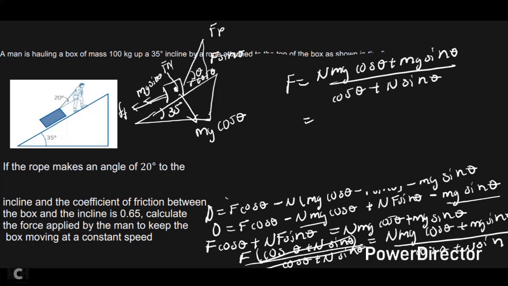Let's start with the μ. The μ is 0.65 times the mass, which is 100, then 9.81, then cos the angle, which is 35, like that.